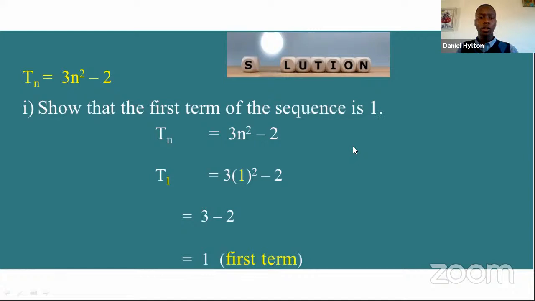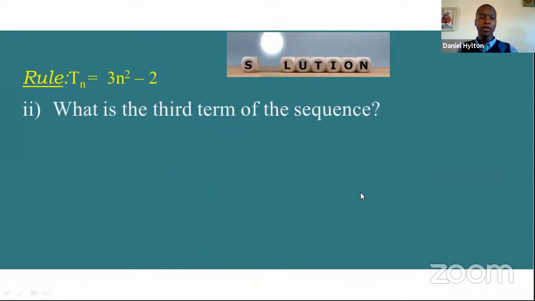All right, then we're asked to find the third term of the sequence. Using the rule again, we're going to substitute n for 3 and simplify. So that's just 3 times 3 squared minus 2. So that's 3 times 9, 27 minus 2, 25.